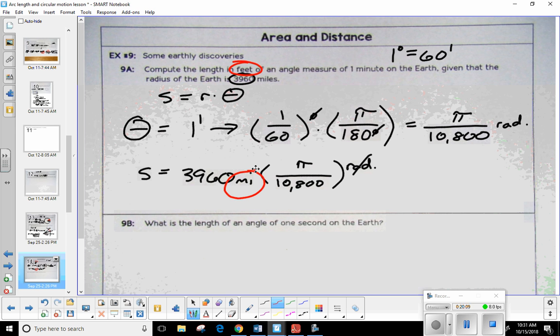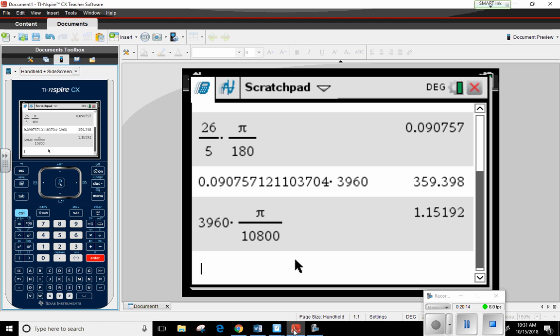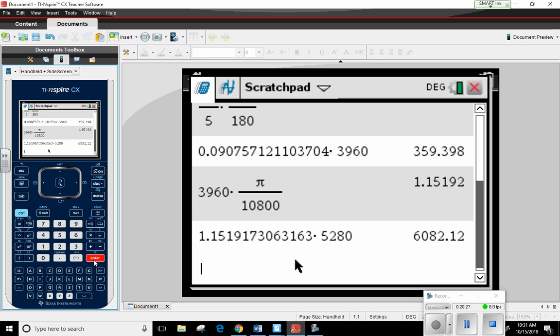Okay, good. There we go. So now if I've got what we have here, like 1.2 miles, well, how do I change that to feet? Multiply by 5,280, because there's 5,280 feet in 1 mile.